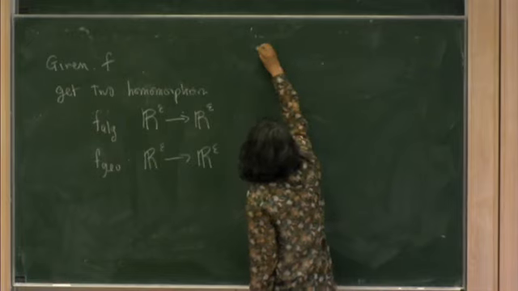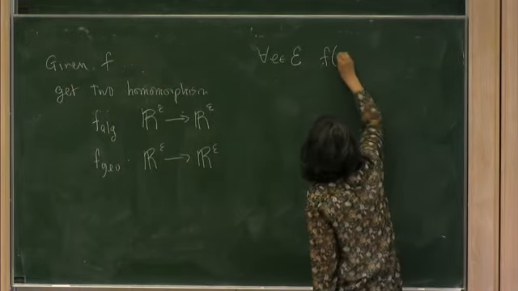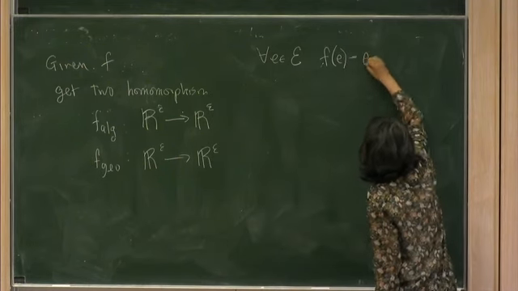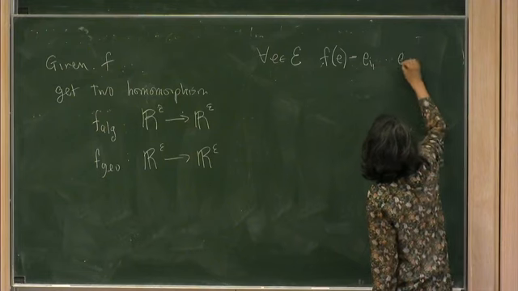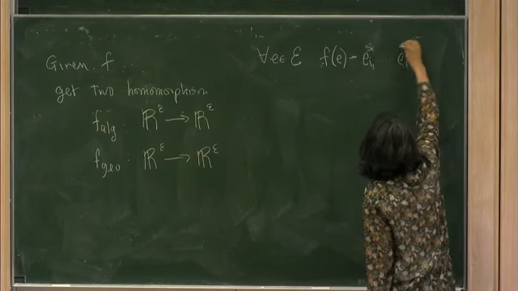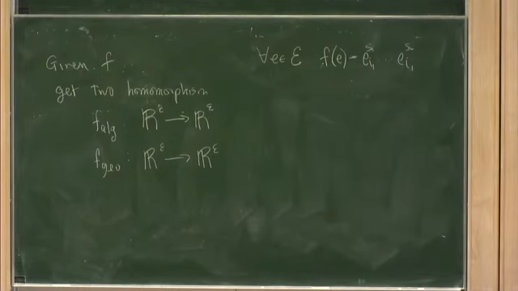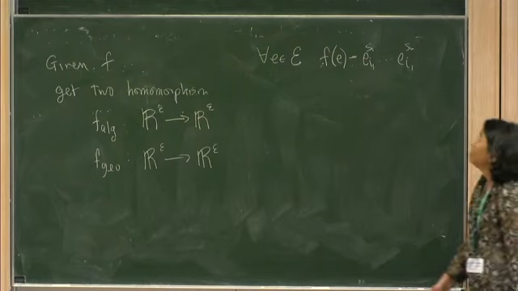For every edge e, f(e), as I said, is a path of edges, possibly with orientations reversed. Let's assume that there's just some fixed orientation on the edges.